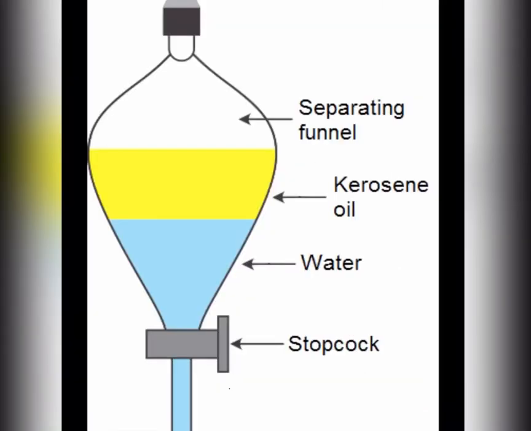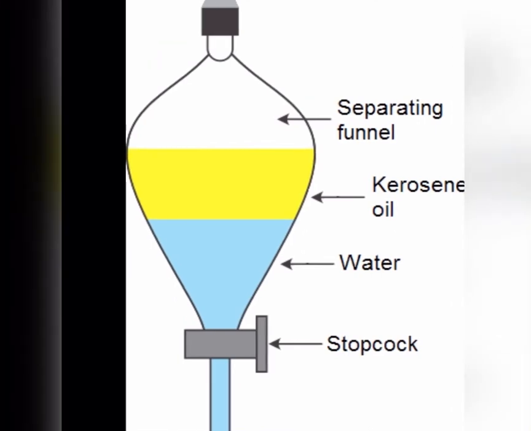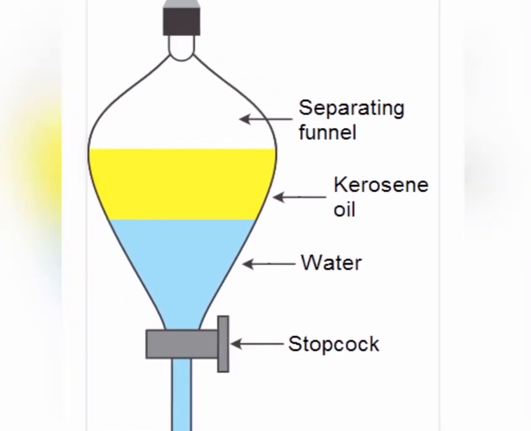Now, to separate a mixture by the separating funnel process: stable liquids like petrol and water, diesel and water, or benzene and water are taken, and they show distinct layers. They do not mix with each other. Like kerosene oil and water, they show two distinct layers.